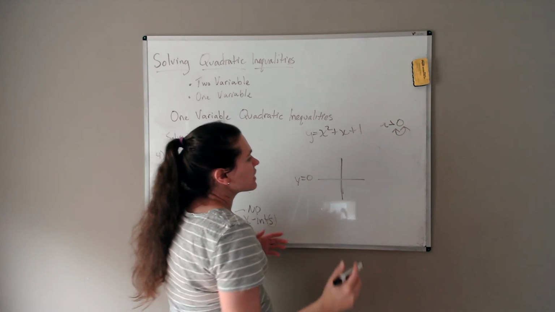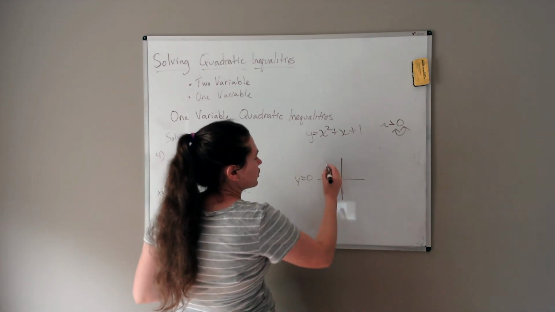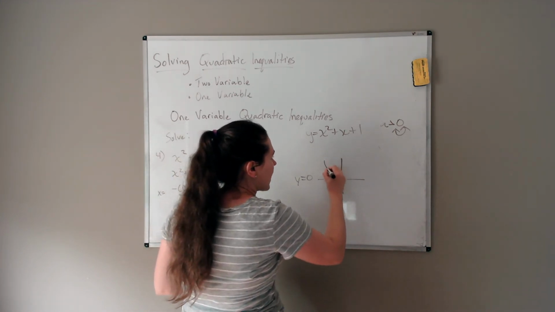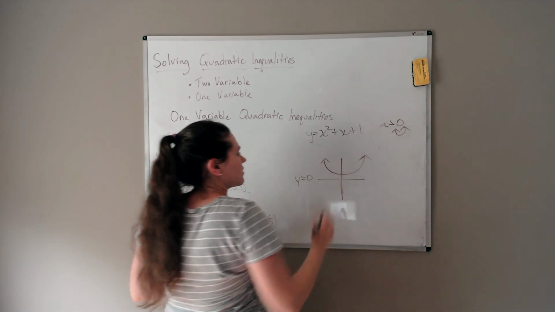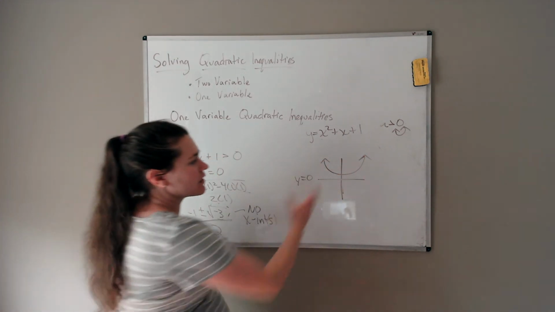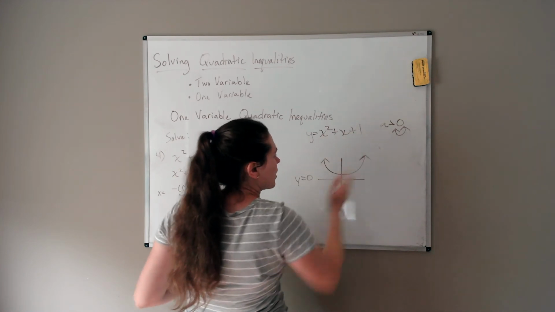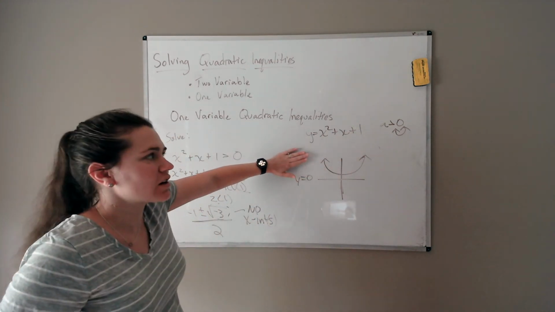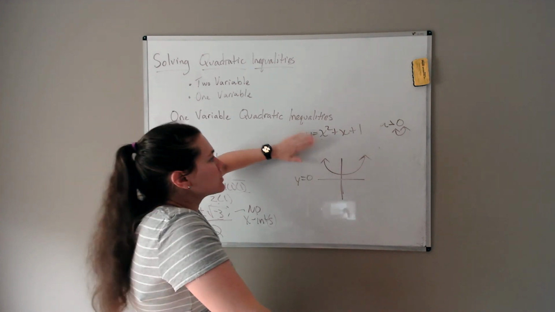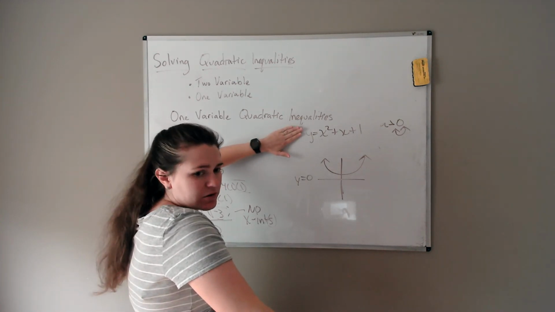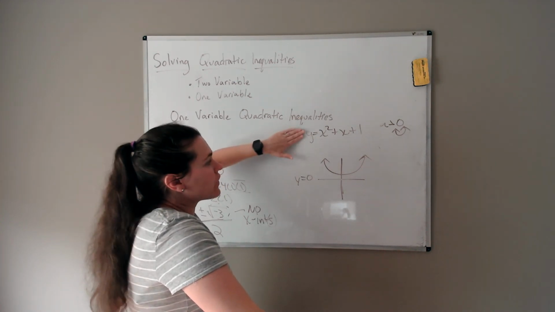Now, I'm just making a random picture. It's not going to be perfectly accurate. But understand that it could be shifted anywhere, up, left, right, but what I'm trying to get at is this function has no x-intercepts and it's facing up.